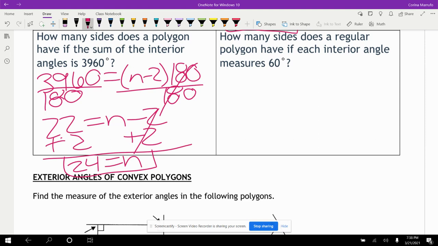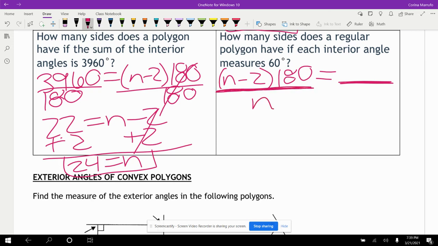So for example here, we know that n minus 2 times 180 is going to give me the total of the angles, right? And then we don't know what the total is here of all the angles together. But whatever we have here, if we take the whole thing and divide it by the number of sides, that's going to give me 60 degrees. And then from there, we're going to solve for n.